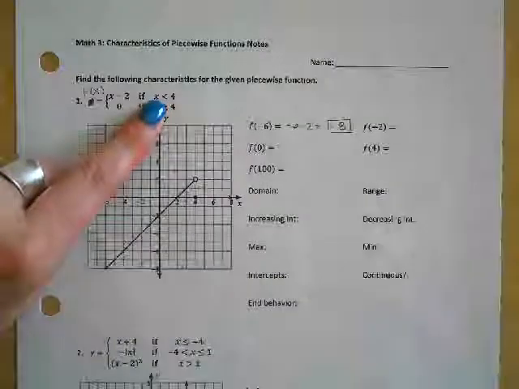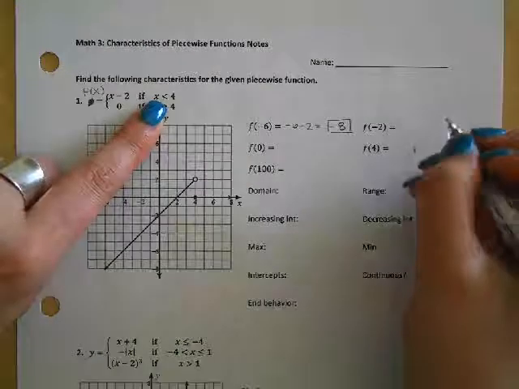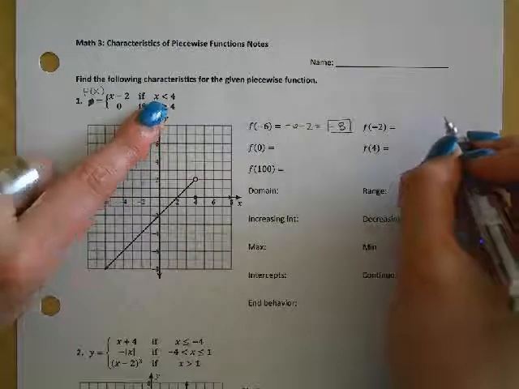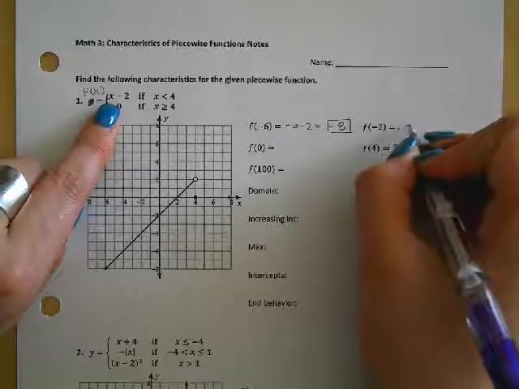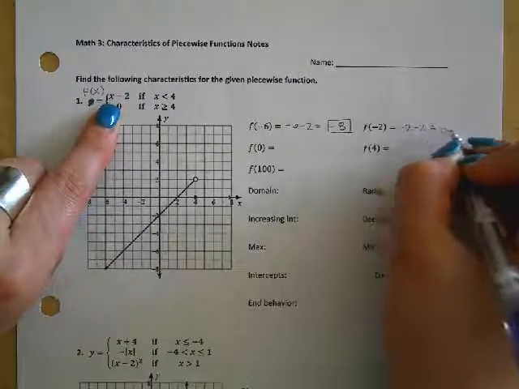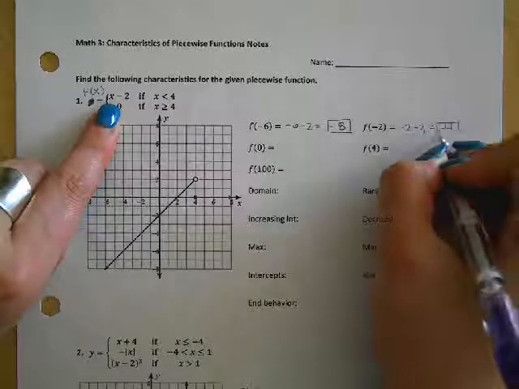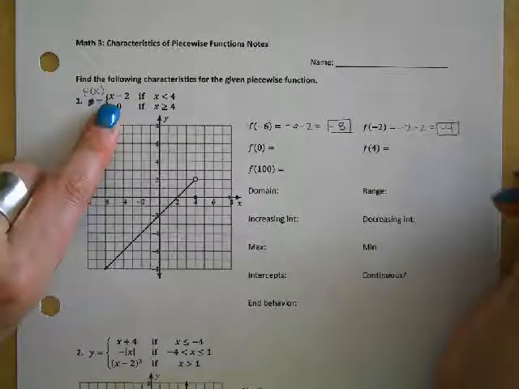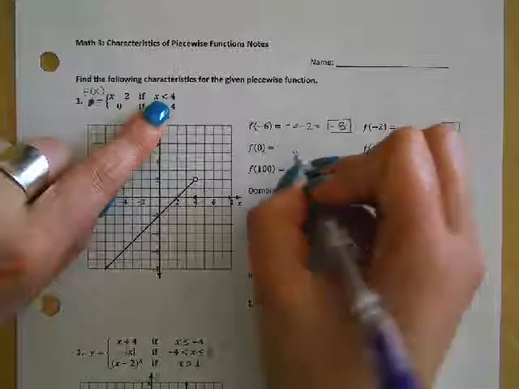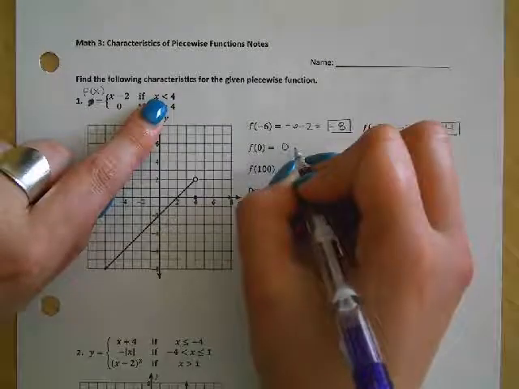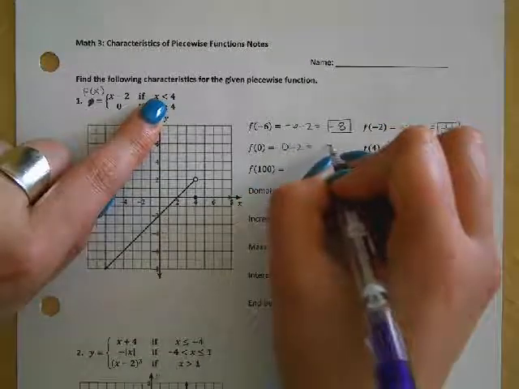If I plug in -2, I'm going to be plugging that into the same piece. So then I would say -2 minus 2 is -4. 0, we're still less than 4, so that's going to be plugged into the same piece. So 0 minus 2 is -2.